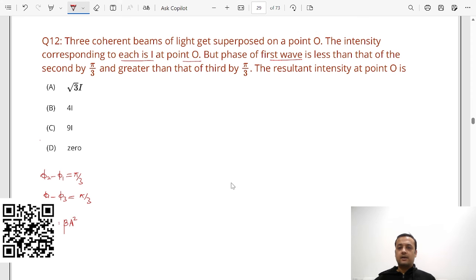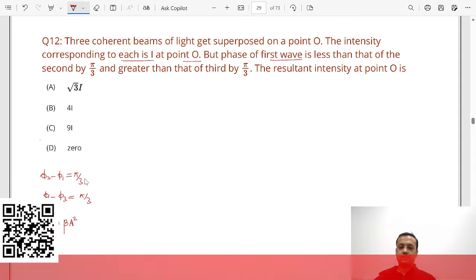Now, we know that in these situations where waves superimpose, amplitude can be treated like a vector. Note that the first wave lags behind the second wave by a phase of pi by 3.